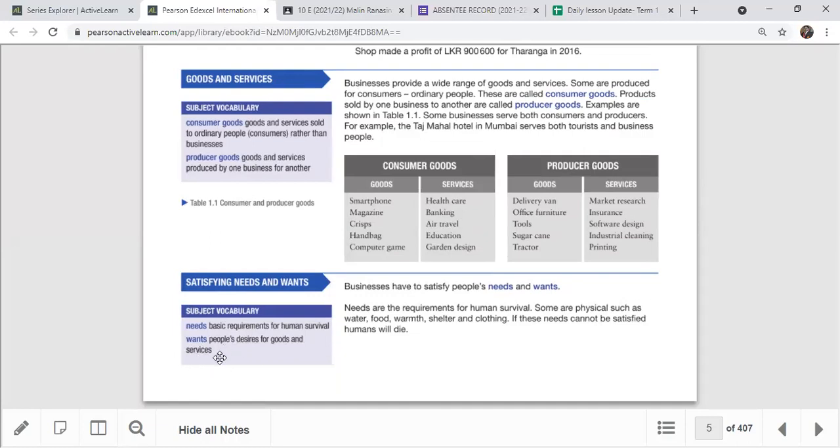These are the two main definitions. For example: food, shelter, clothes, basic human needs. But wants are people's desires for goods and services. You can find these on page number 3.